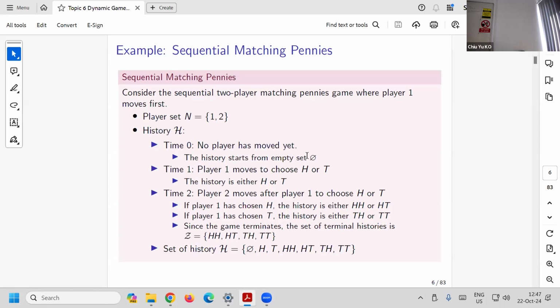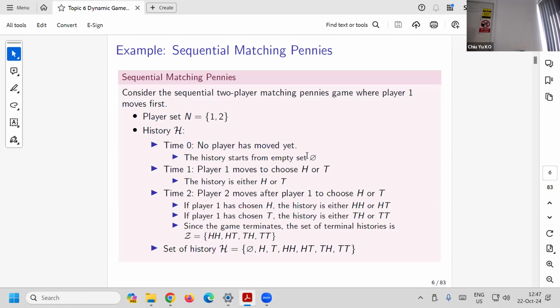This is the time where player 1 moves. This is the time player 2 can move, after player 1 moves, and these are the cases where everyone has already moved.